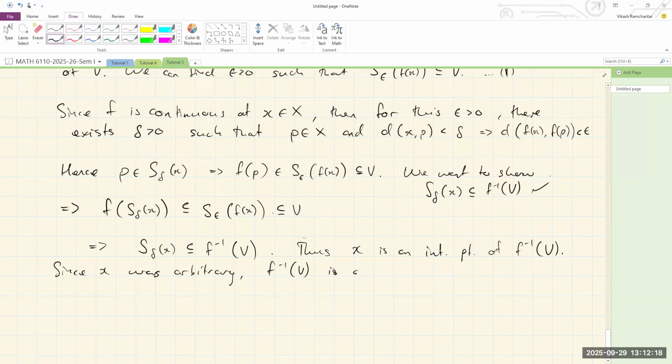It's open. So the first direction, check.